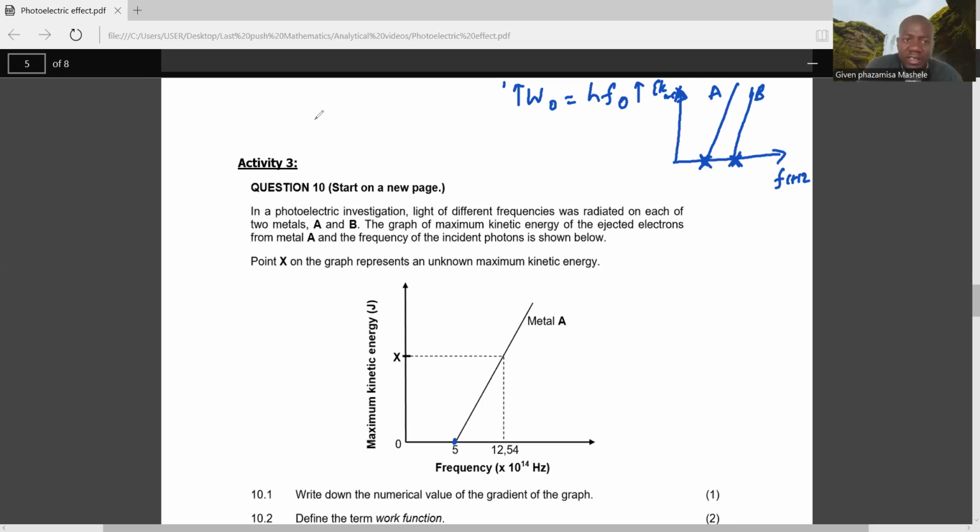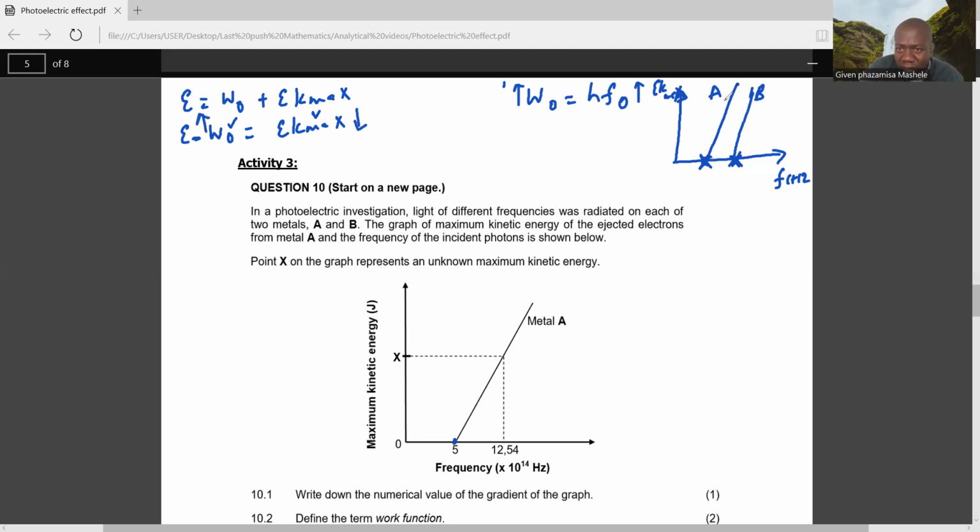But don't forget, if we were to compare the work function and the kinetic maximum, what did I say? If E minus W naught equals EK max, because of this minus, there's an inverse relation between work function and EK maximum. So the larger the work function, the smaller the EK max.